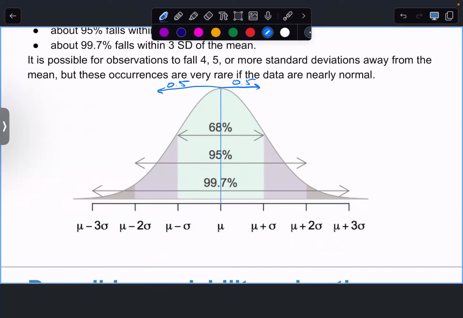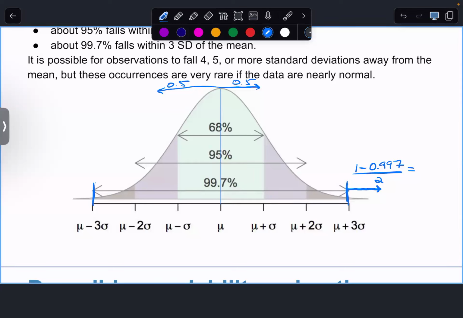What if you had to find the area in this tail? So this goes to that point and this point. If I've got the central 99.7 or 0.997, then I have 1 minus 0.997 left over, but I have to divide that evenly amongst the tails, right? And so this area here is going to be 1 minus 0.997 divided by 2. It's going to be very, very small.